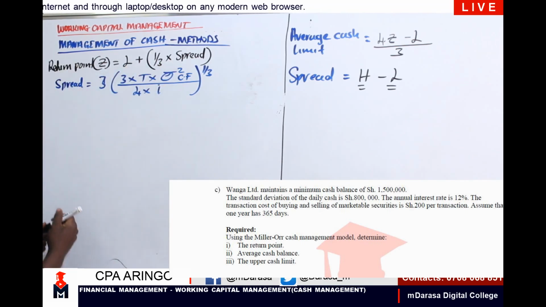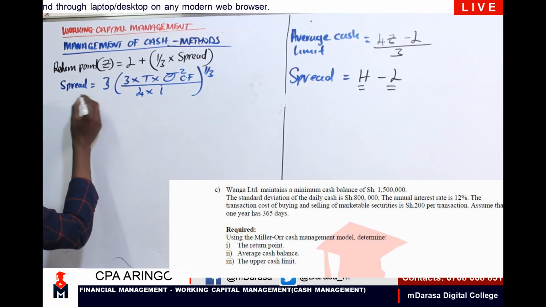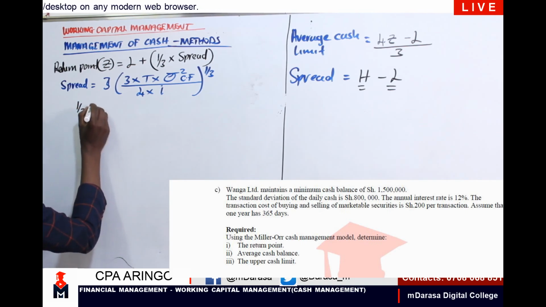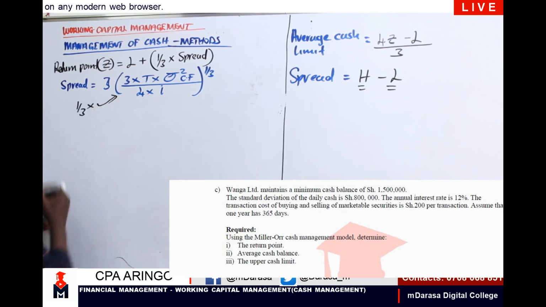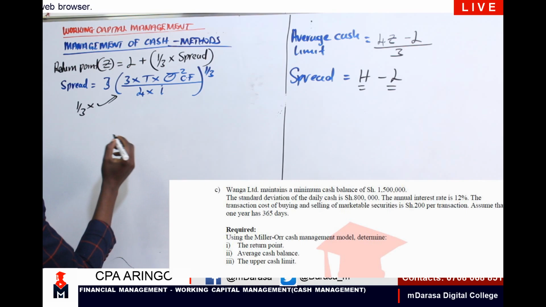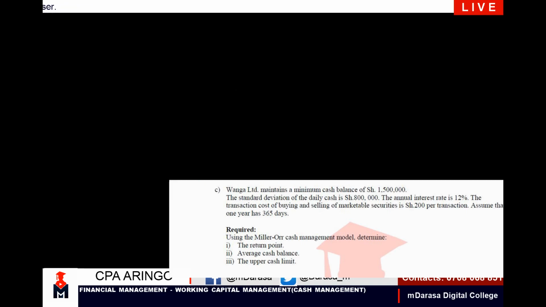Can we agree and say that in this event, look at this case. If I take a third times my spread, can we agree that we will be having this case?